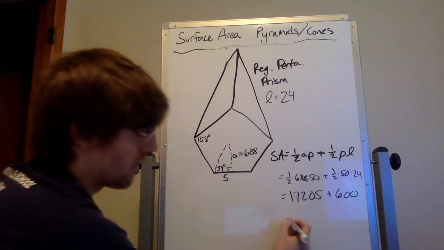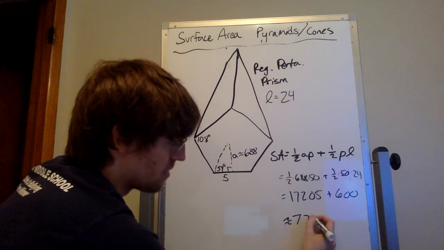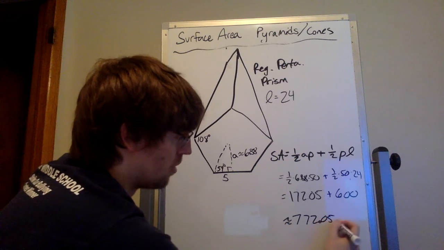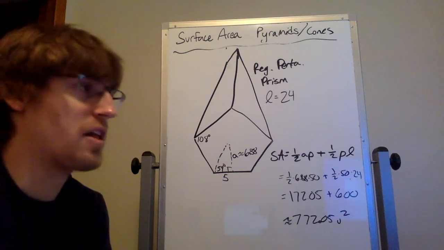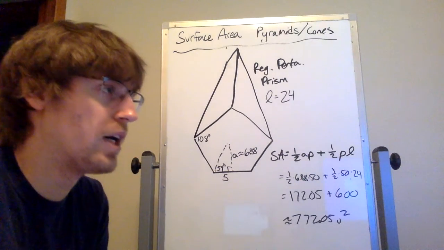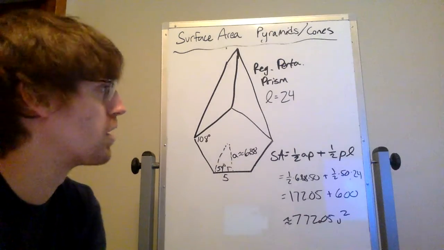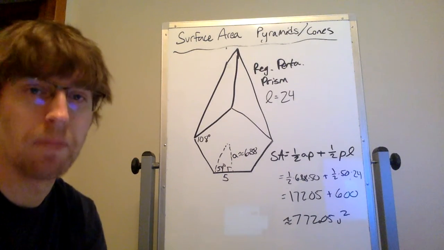Nice easy number. I can add this in my head. It's going to be approximately equal to 772.05 units squared. That's pretty much surface area of prisms and cones. I know we didn't do a cone, but they're really no different. Just use pi r squared plus pi r l.